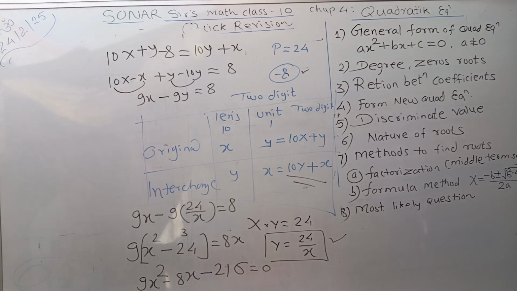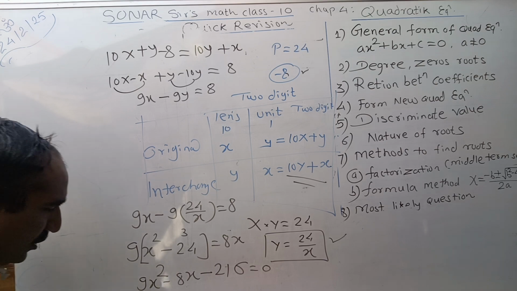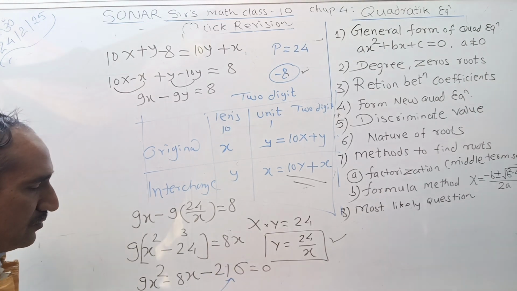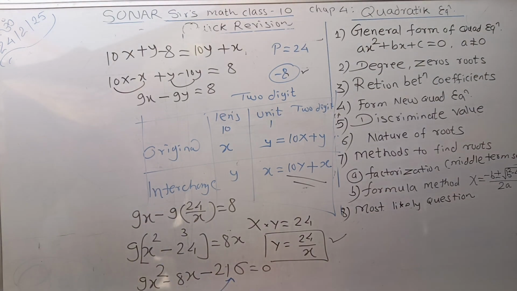We'll find the roots of the quadratic equation either by middle term separation or by the formula method. So we'll get the values of x and y, and the number will be 64.